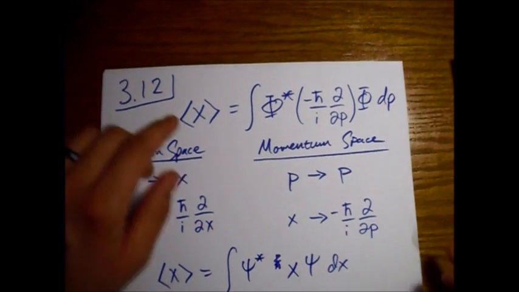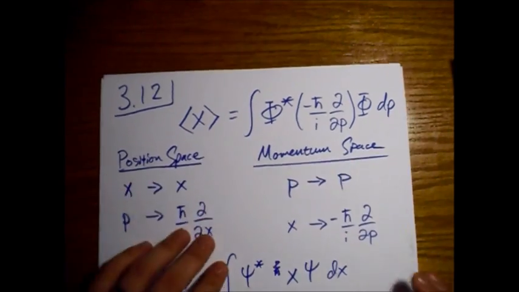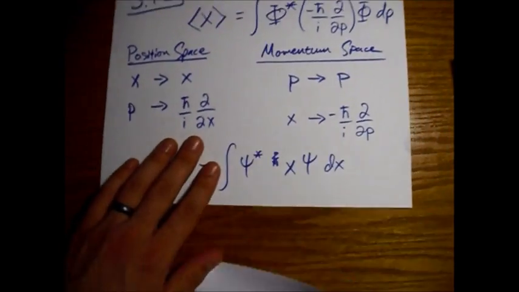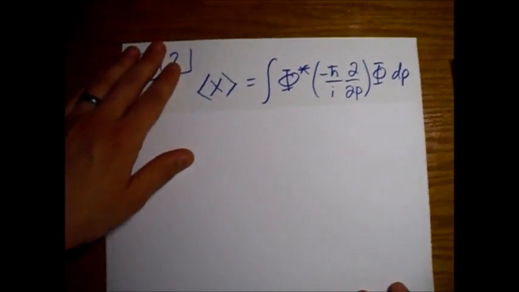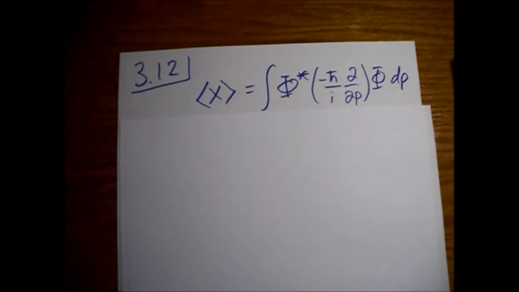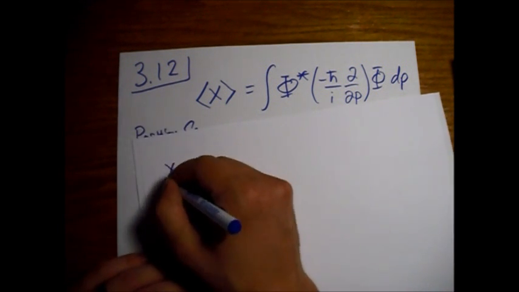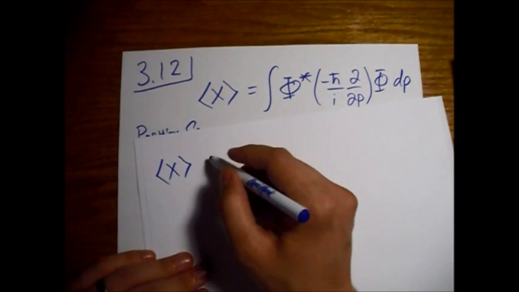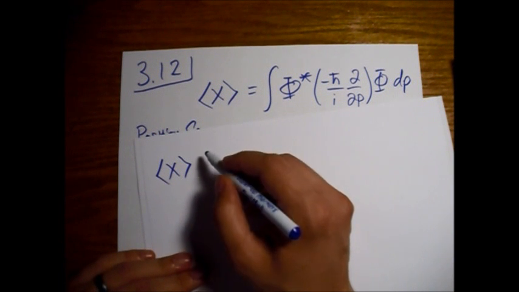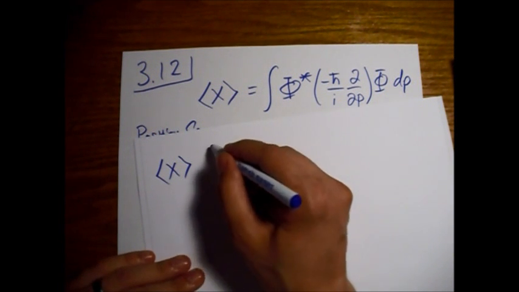Okay. All right. So we're going to show this right here. It's going to be a little bit tricky. Okay, so let's see what we've got. Let's start by writing it out in position space, right?